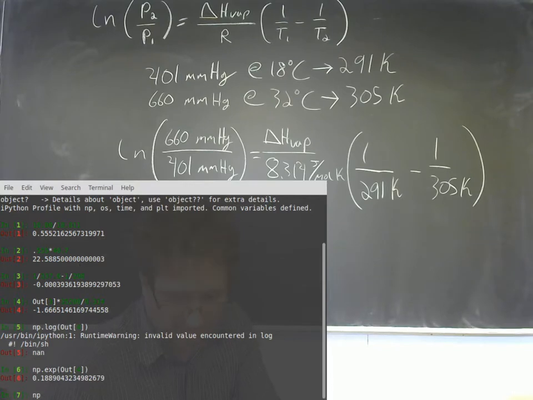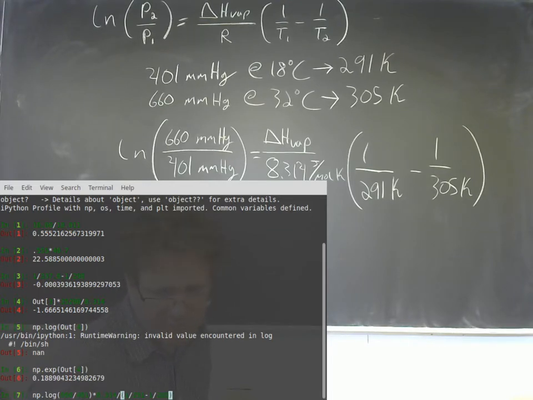I'm going to take the natural log of 660 divided by 401, and I'll go ahead and multiply that by 8.314, and I will divide it by, let's just do this in one go, divide it by that quantity, 1 divided by 291 minus 1 divided by 305.